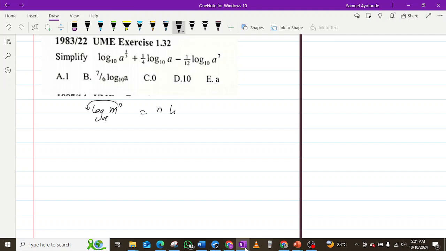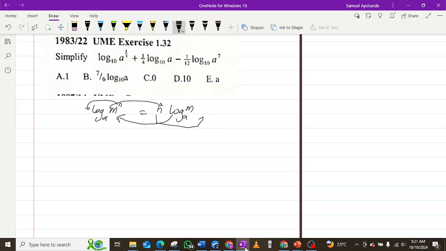So we have n log m base a. The same way this can be interpreted in this form, it can also be interpreted in the other form. The second variable, which is 1 over 4 log a base 10, is in this form. The same thing is applied to the last variable, which is 1 over 12 log a raised to power 7 base 10.